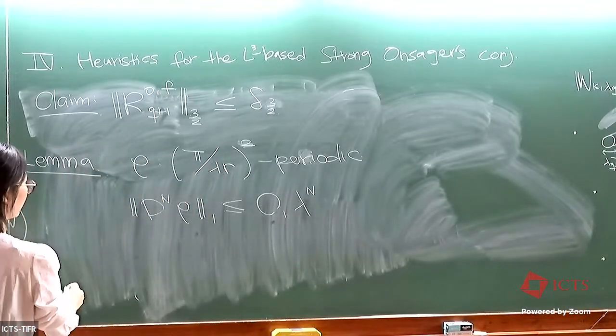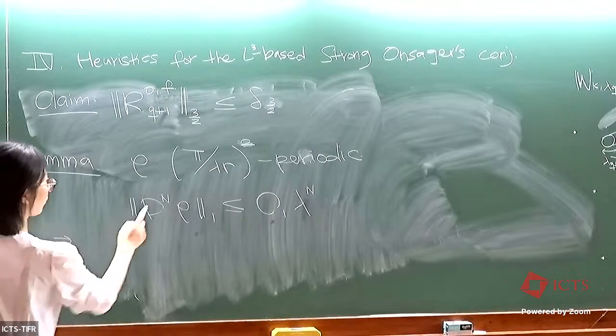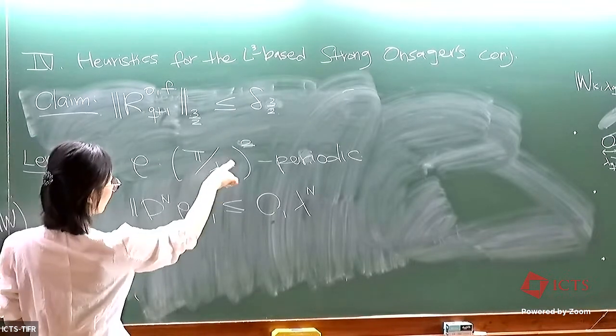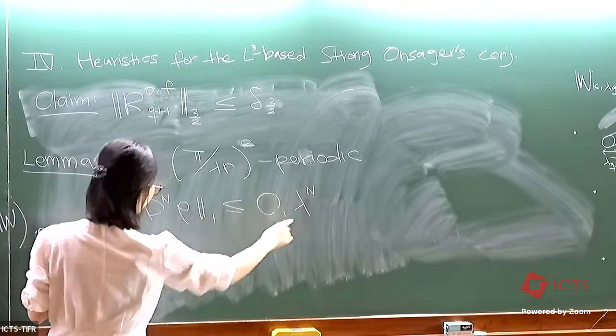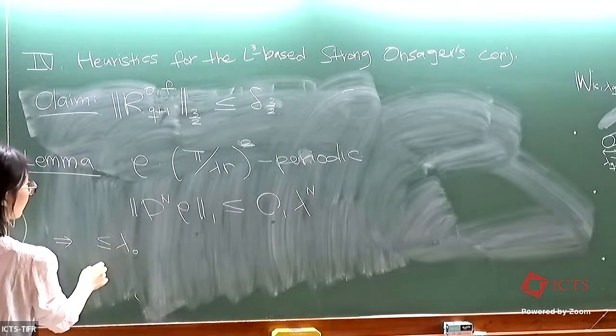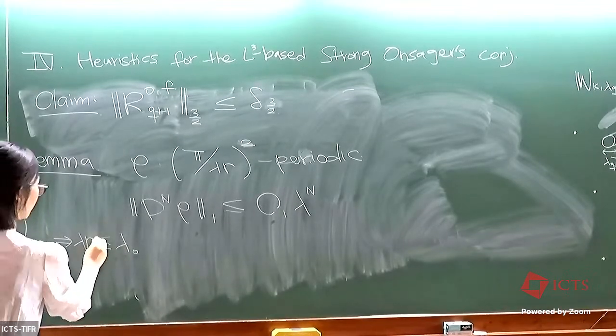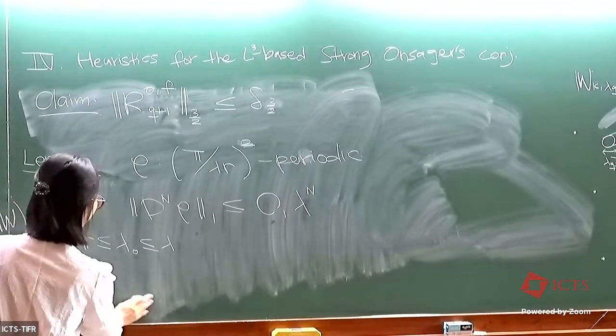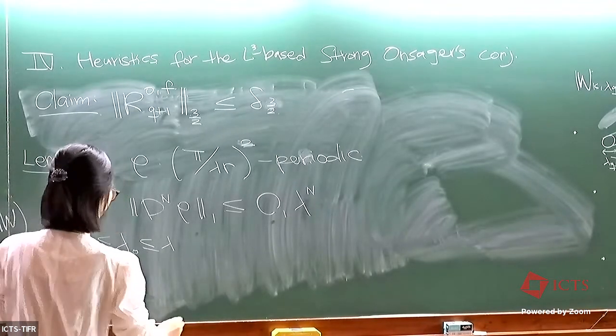And now what I want to say is that if you consider the frequency, so this will be the minimum frequency and this will be the largest frequency in effective sense. And if you choose some lambda 0 in between, you actually have the following bound.